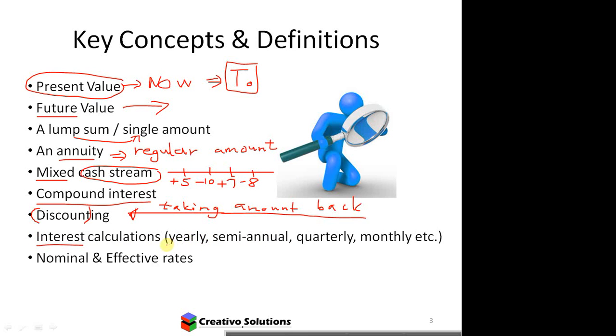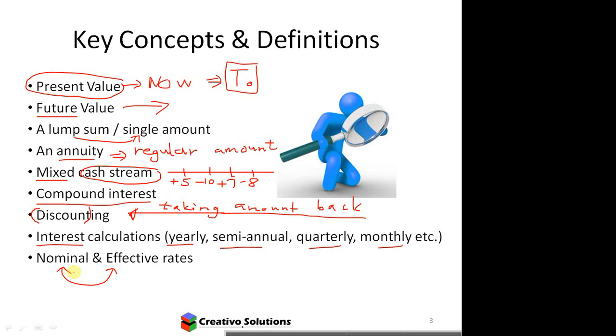With interest calculations, you do get different types of compounding: yearly, semi-annual, quarterly, monthly, daily. There could be all sorts of different interest calculations in terms of compounding. Then we'll look at the difference between nominal and effective. One is a quoted rate, the other is an effective rate, i.e. the rate that you actually get over the period you're looking at.